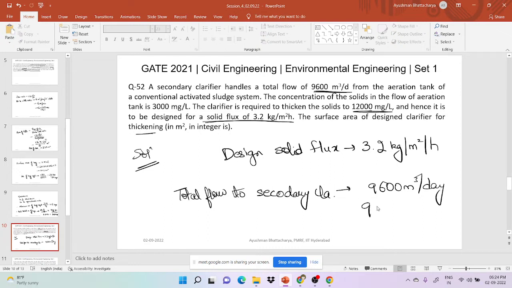We can write it as 9600 meter cube per 24 hours. So here we will get 400 meter cube per hour. So the total flow to the secondary clarifier is 9600 meter cube per day as mentioned in the question. So in terms of meter cube per hour, it will be 400 meter cube per hour.